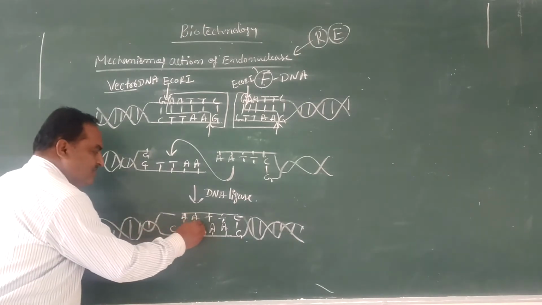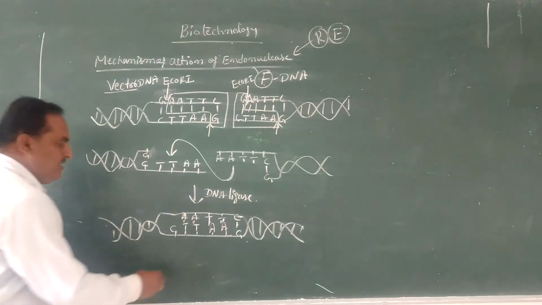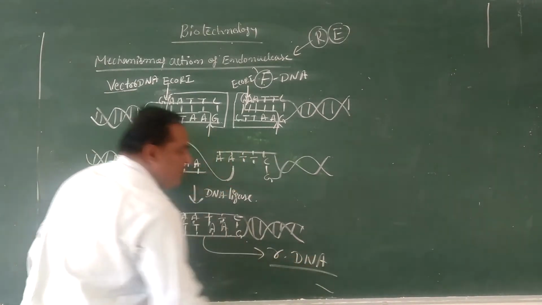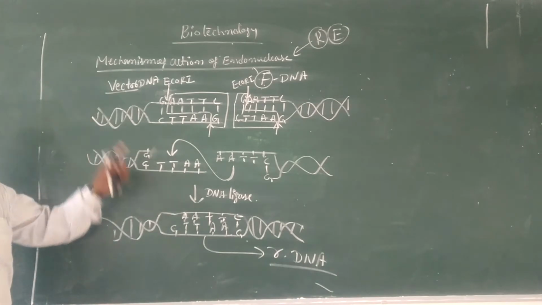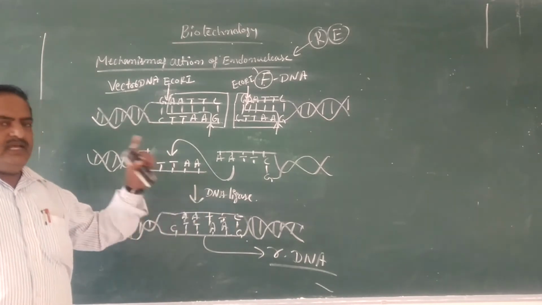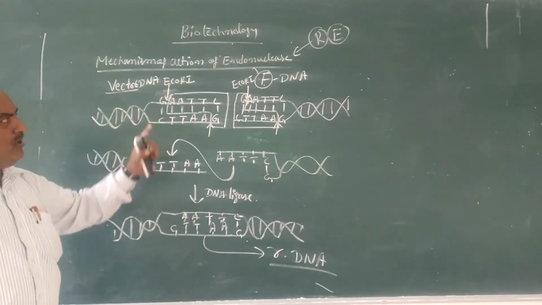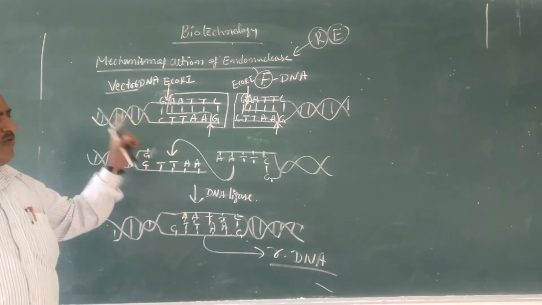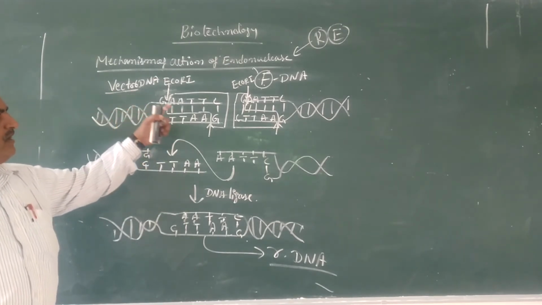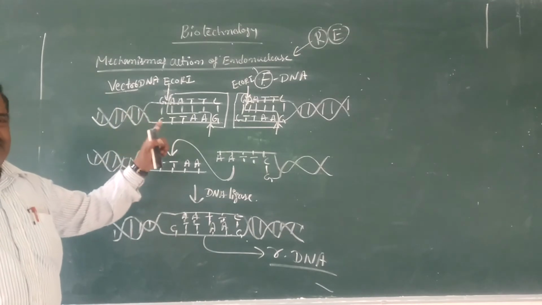Then a new DNA is formed. This DNA is called rDNA, recombinant DNA. For the formation of recombinant DNA, two enzymes are very necessary: one is DNA ligase and the other is EcoR1, an endonuclease. Endonuclease is very important for digestion of strands of DNA or cutting of DNA at specific sites.